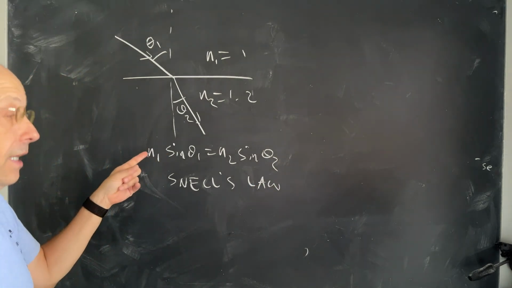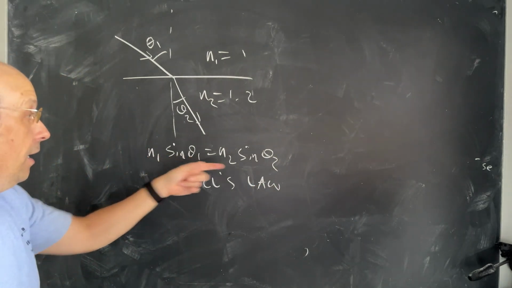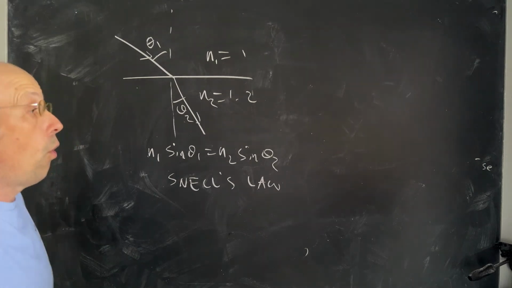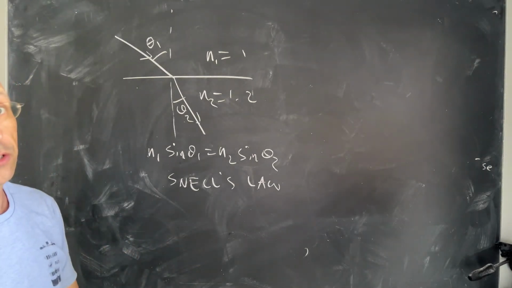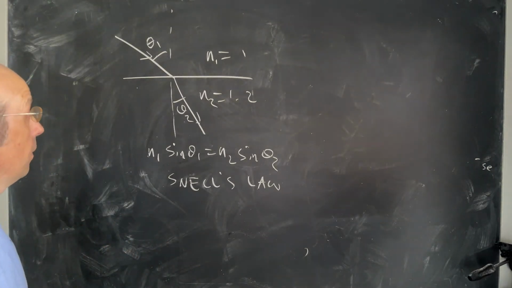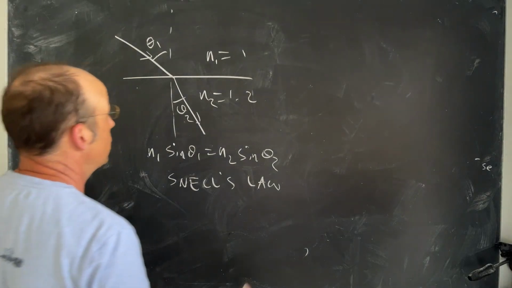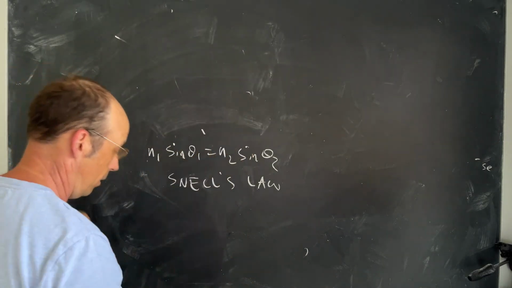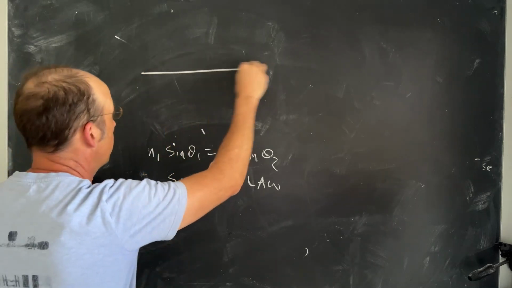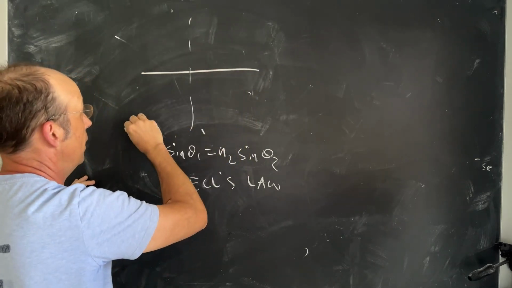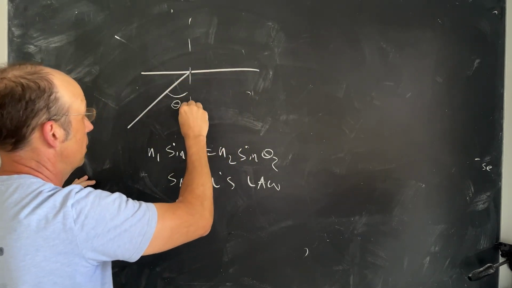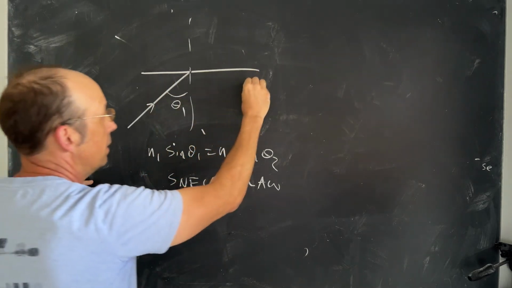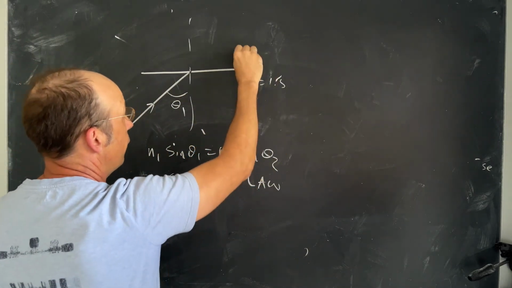So if I know the indexes of refraction and the incident angle, I can find the refracted angle, or maybe I know the two angles and I can find the ratio of the indexes of refraction. Now, something really cool happens if I'm going the other way. So let me just have my laser beam coming like this. And this is n equals 1.5, n equals 1.